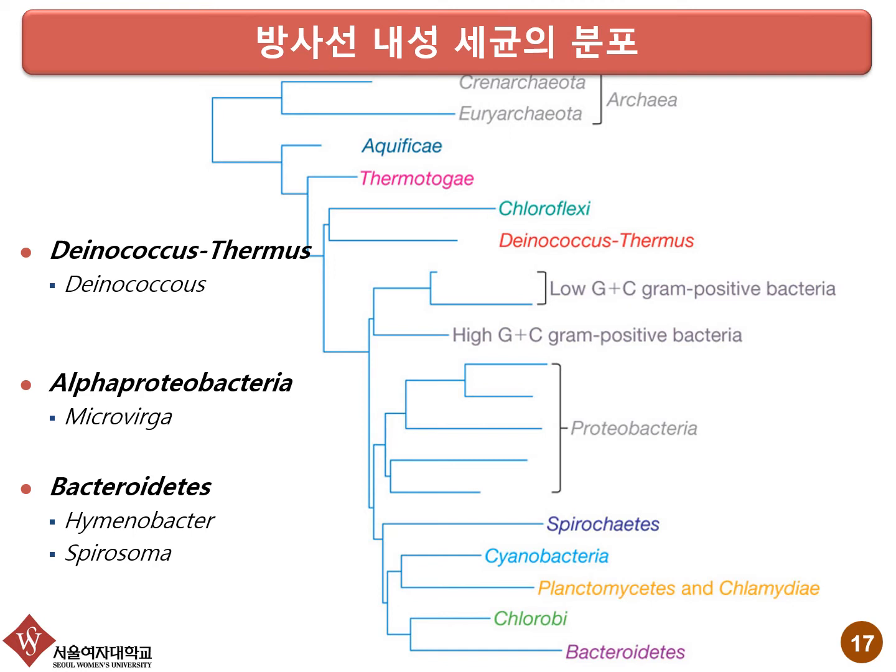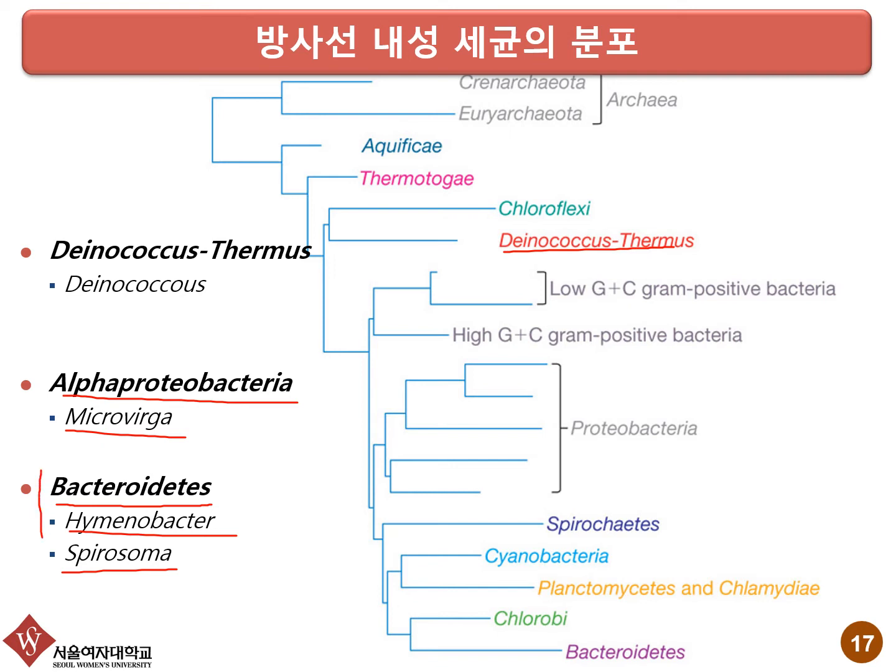In the next slide, we can see the location of each genus in the overall view of the bacteria. Deinococcus are present in the Deinococcus-Thermus phylum. But Microvirga belong to the alpha proteobacteria. Hymenobacter and Spirosoma belong to the Bacteroidetes phylum, so they totally belong to different phyla.